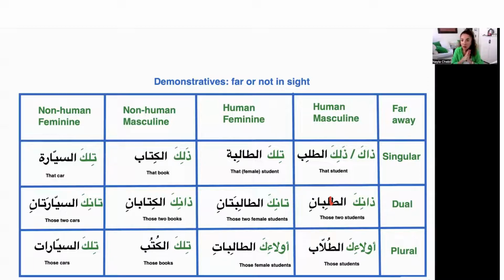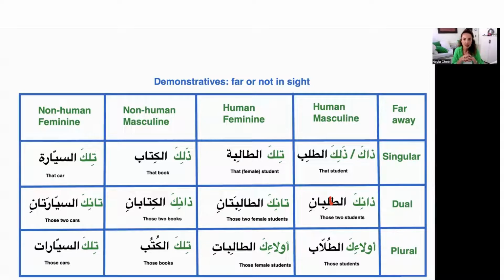This affects not only the demonstrative you're using, but the whole sentence. The verb you would use with tilka al-kutub would also be singular feminine, and everything else in that sentence. Grammatically, a non-human plural in Fusha is considered as singular feminine.